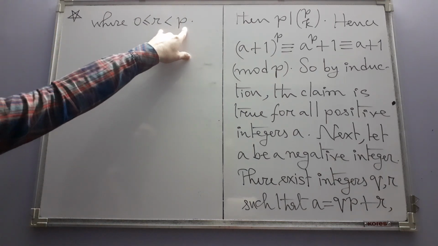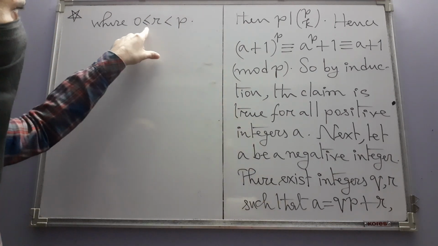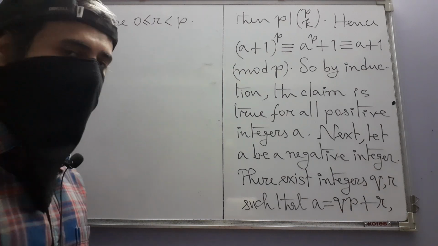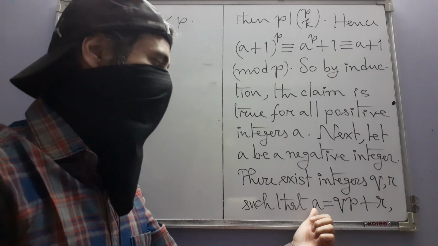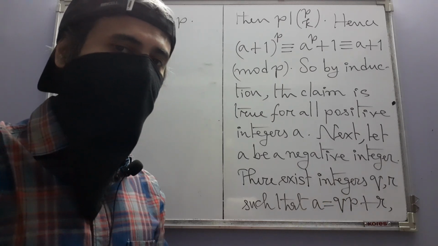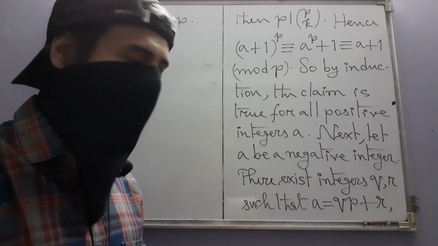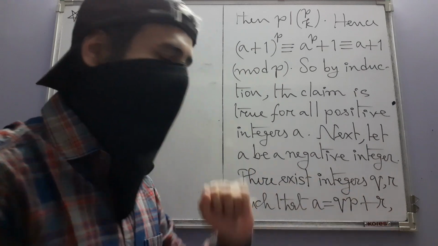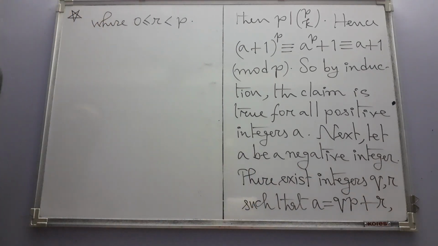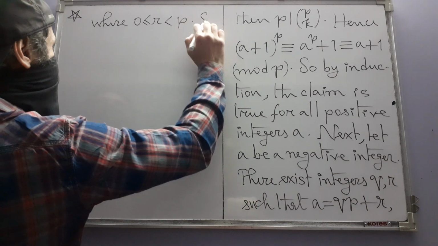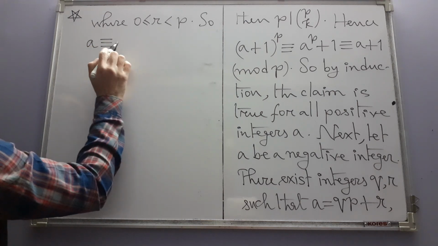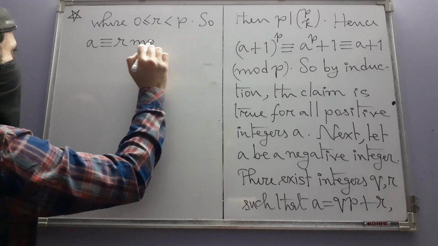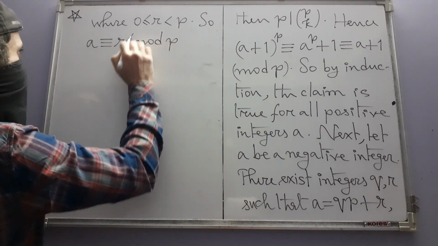This part is not that important for us now, but the non-negativity of the remainder is important. And also from this equation, what do we get? We get that a minus r is divisible by p. In other words, a is congruent to r modulo p.